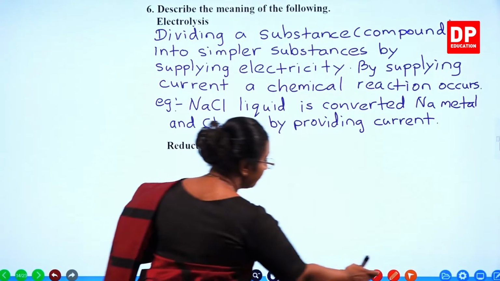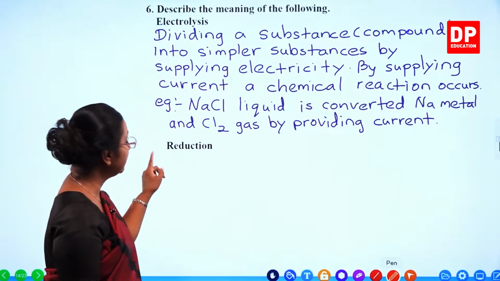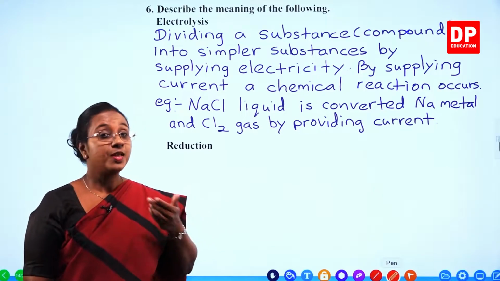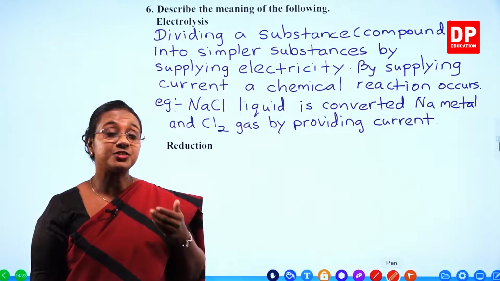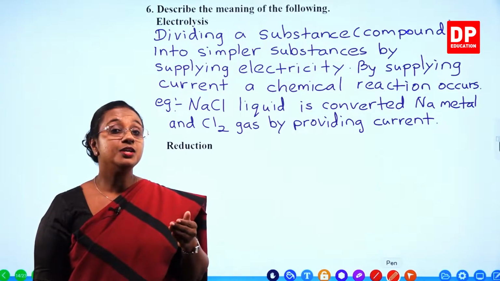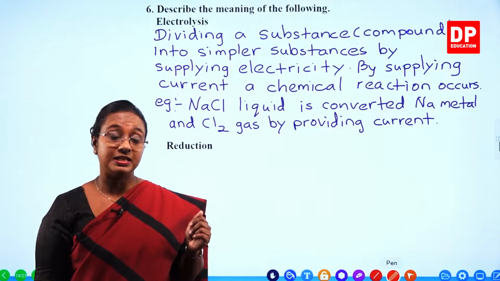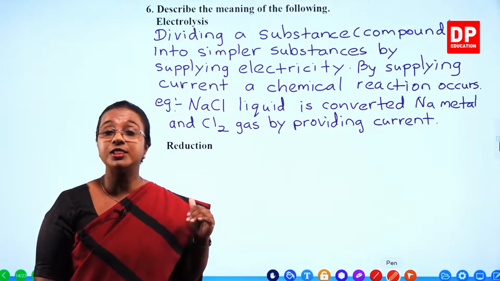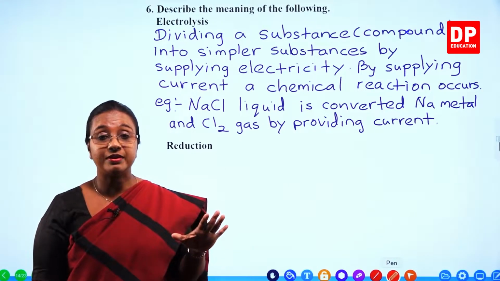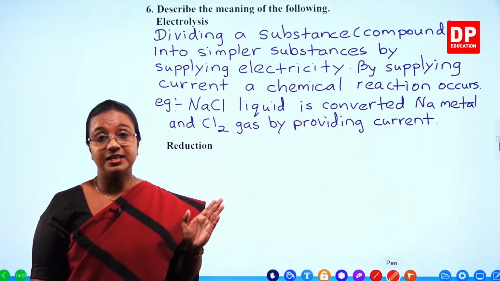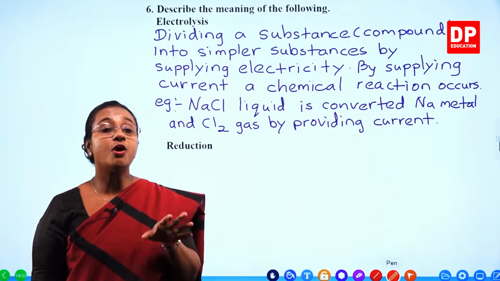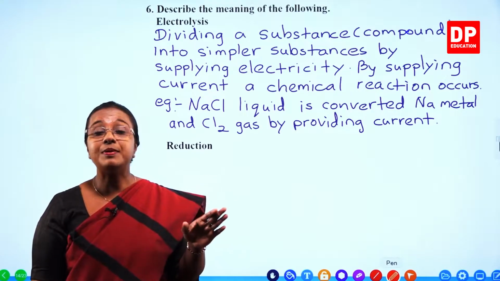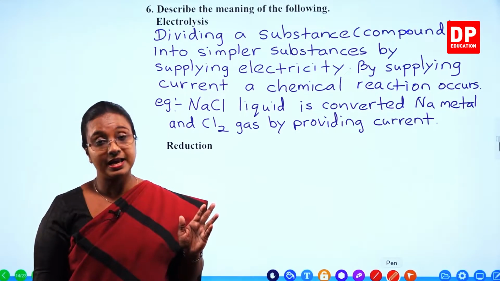Then the process of reduction, or what we mean by reduction. Again, you are familiar with an example. When we discussed the metal extraction of iron using the blast furnace method, what did we do there? We discussed all the reactions. There you can remember carbon monoxide is a reducing agent or a reductant. With that, we separate the metal ion.